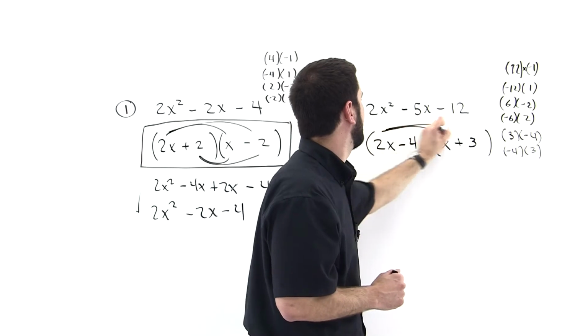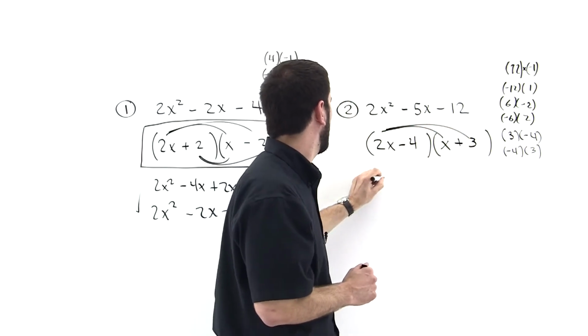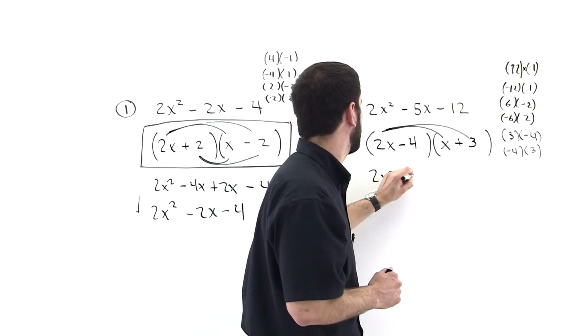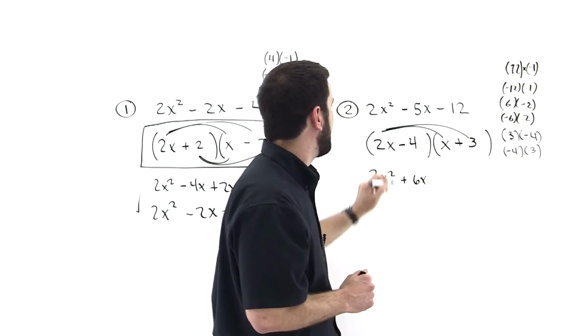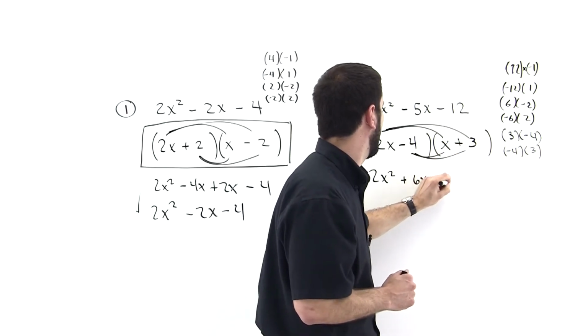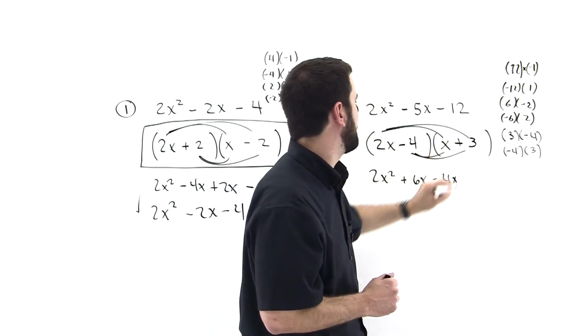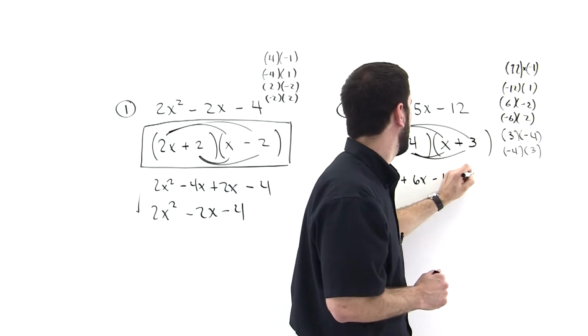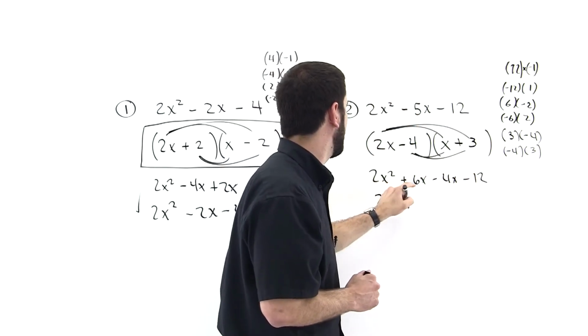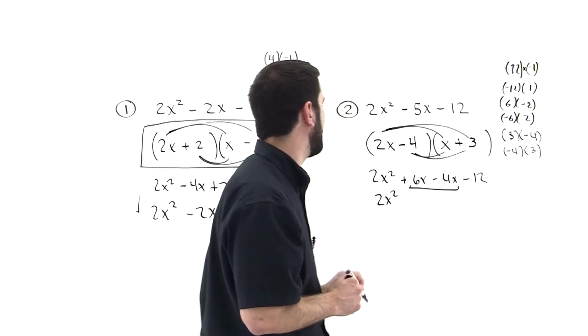This times this plus this times this. So 2x squared. 2x times +3 is +6x. And then we have -4x and then that, so -4x. And then -4 times +3 is -12, right? So then combining like terms, these two terms combine.